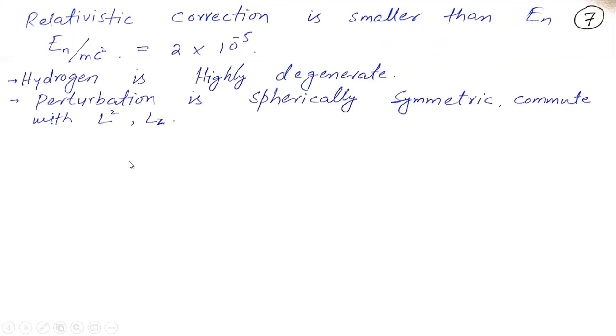So again, back to the question that we mentioned earlier, why are we using the non-degenerate theory even though the hydrogen is highly degenerate? I mentioned earlier that the perturbation is spherically symmetric and commutes with L square and Lz. What is meant by that?